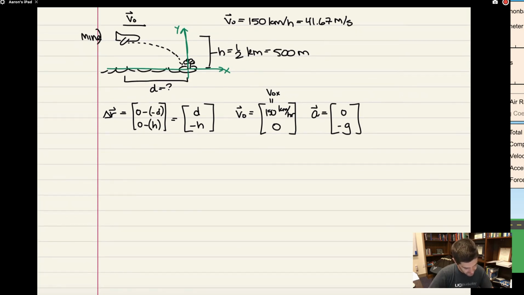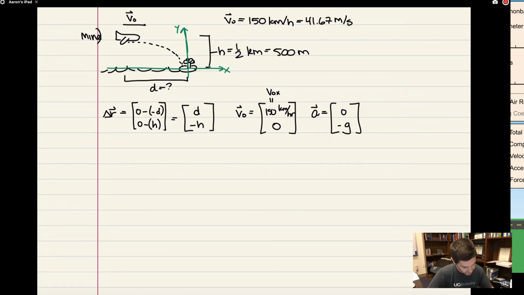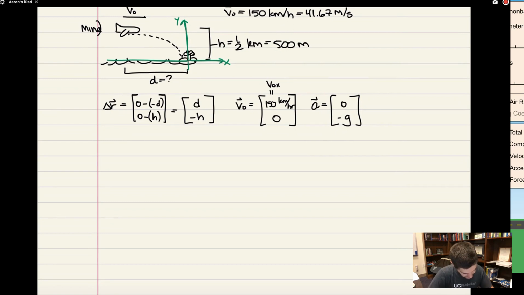The acceleration is constant. The kinematic equations apply. I won't copy it down again, but I'll just go right down to where I have symbols. So the displacement equals the initial velocity in the x direction times time, and then there's no acceleration. In the vertical direction, it's just the acceleration from gravity, so it looks something like this.